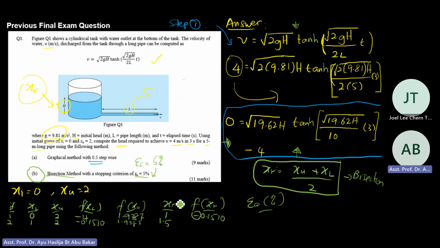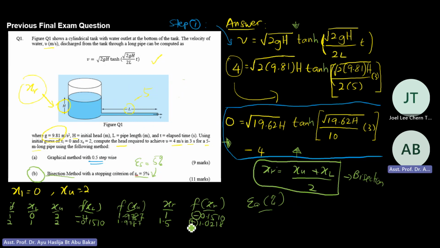Positive or negative? Positive. The rest get the same. FXR 1.0218. Positive, right? Okay, so that FXR is positive.